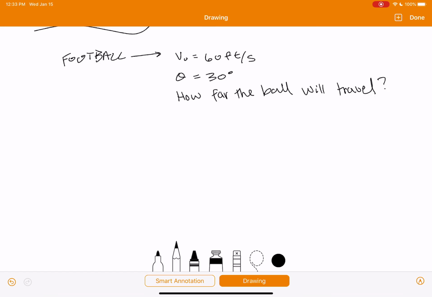All right, so pause the video, work that out on your own, and check your solution with the PDF below.